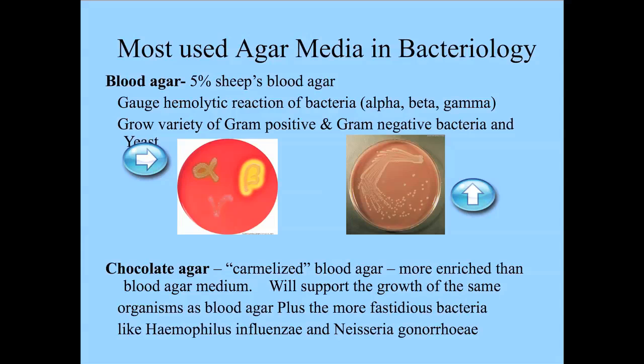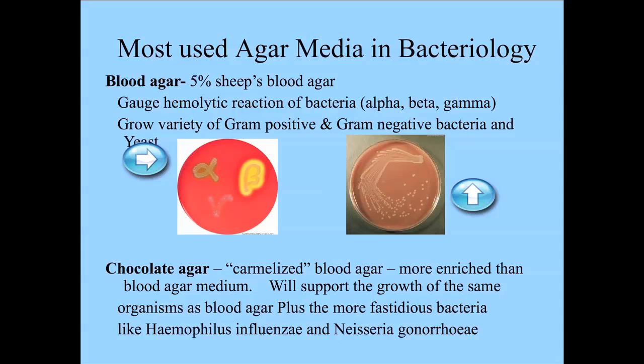Blood agar plate is very good for the growth of your common gram-positive and gram-negative bacteria. It'll also grow yeast. Now the plate on the right-hand side is chocolate agar, and you can see that it looks different. It's a brownish in color like chocolate. It does not taste like chocolate, but it does look like chocolate. Chocolate is actually caramelized blood agar. The blood is added to the agar when it comes out of the autoclave when it is still quite hot.